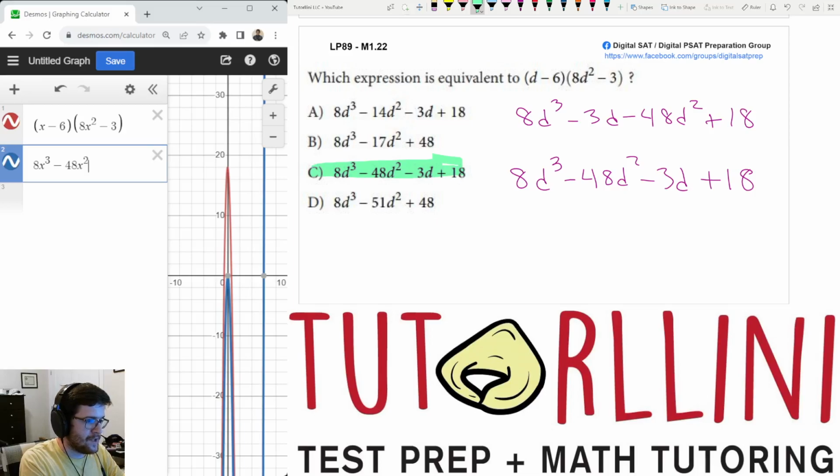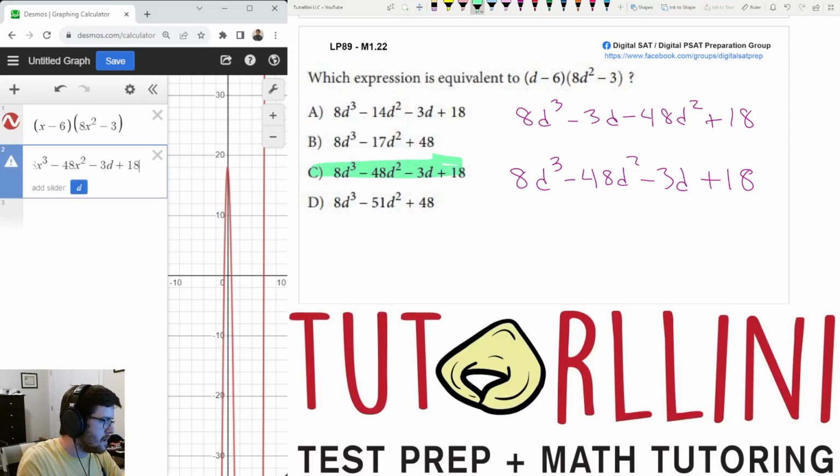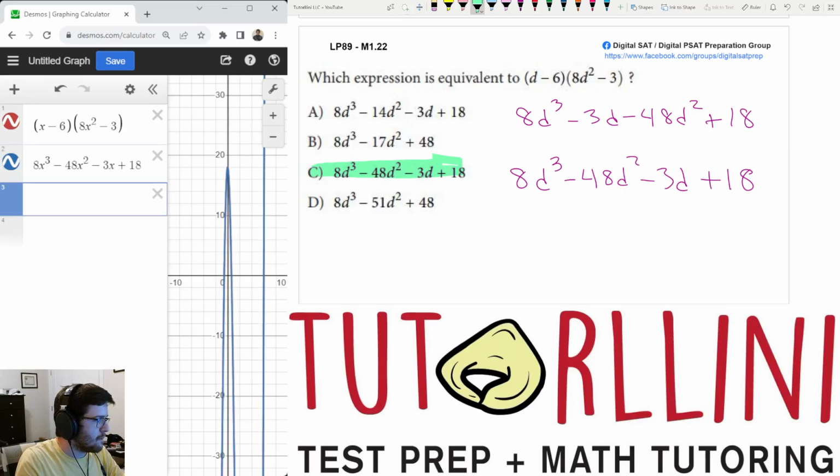If it's equivalent, that means it should graph exactly the same. Oops, I accidentally put a D. Let me put X. Great. Okay, so as you can see, it certainly looks like the answer we got perfectly replaces the question. So even if you didn't do it this way, you could still type it in really quick just to check to make sure you did it right if you weren't sure.